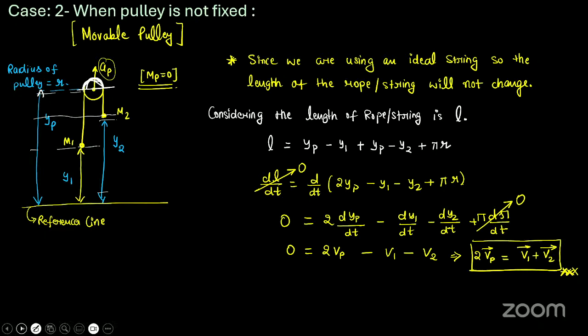Now, if we just differentiate this, 2 times Vp is equal to V1 plus V2. If we differentiate it with respect to time, 2 dVp by dt is equal to dV1 by dt plus dV2 by dt.